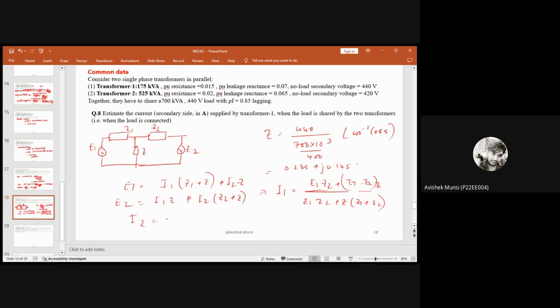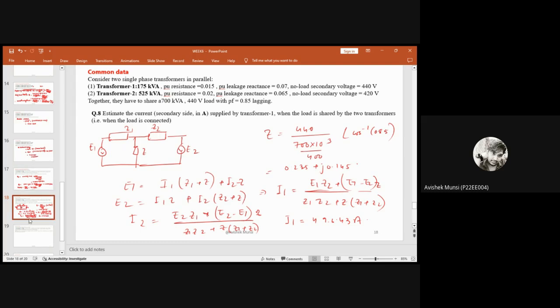Similarly, I2 is over Z1 Z2 plus Z into Z1 plus Z. If you solve it, the I1 will be 496.43.